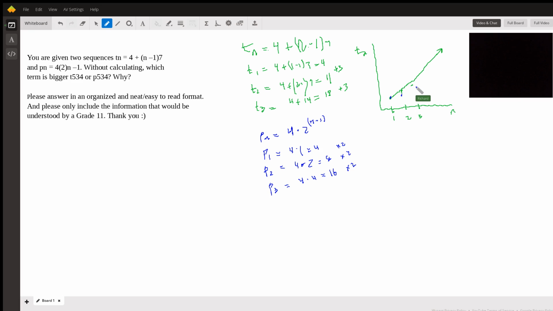And then the next one is 16, which is still a little bit below. If I plot another point here, P4 is going to be 32, which is going to be way beyond this. T4 is going to be 25. So at 4, it crosses if we take it out to 4.